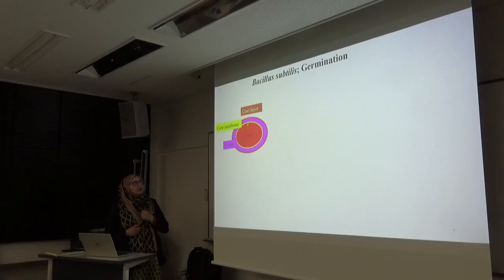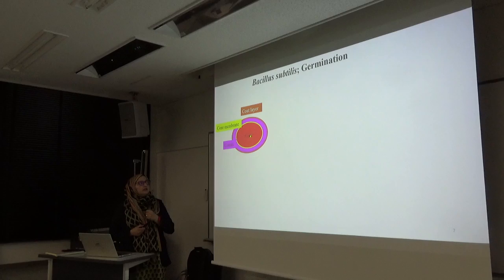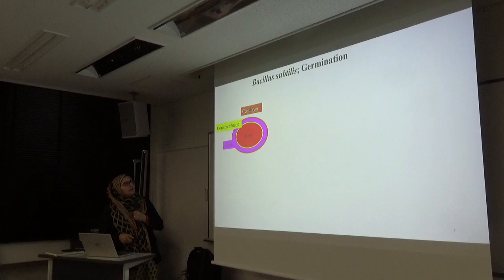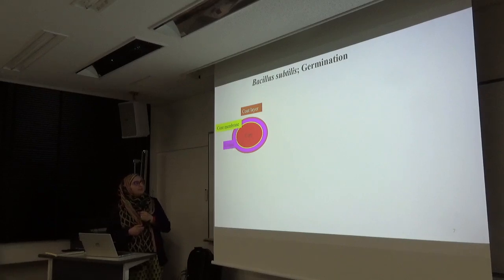The most important part is the core, because it contains all the DNA, proteins, and enzymes, and it is highly acidic with low water content. These are the layers surrounding it: the coat layer, the inner membrane surrounding the core, and the cortex peptidoglycan of the spore.